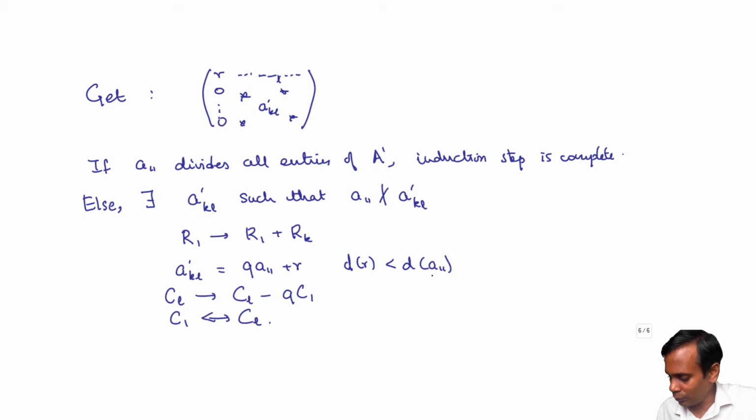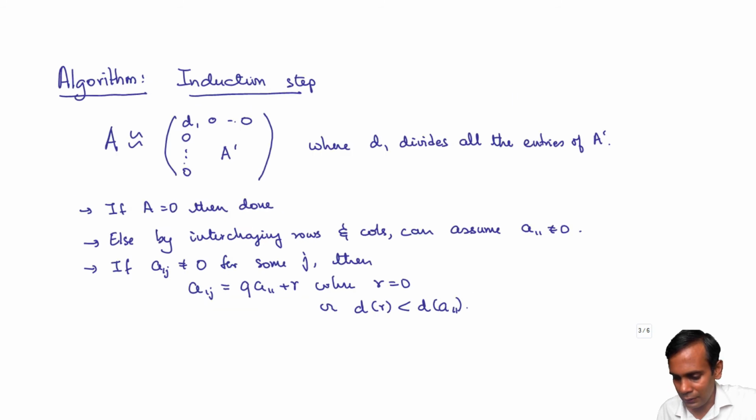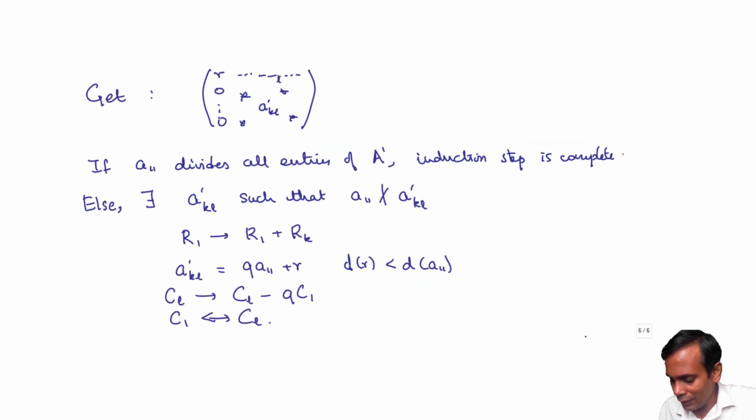We keep trying to achieve this induction step, this matrix A in the form D1 0 0 0 A prime, where D1 divides all the entries of A prime. But each time we fail to do that, we can do some steps to strictly reduce the size of D1, of the size of A11. And so after finitely many steps, we can no longer reduce the size of A11.